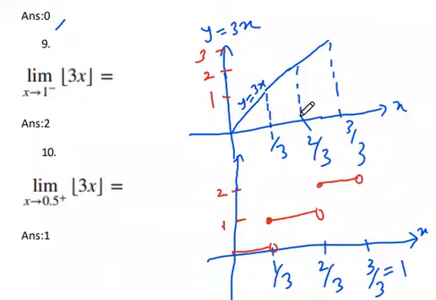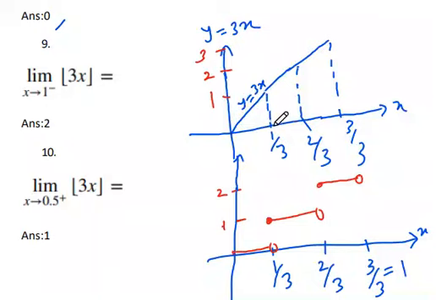I consider these 3 points: 1/3, 2/3, and 3/3, right? So we know that when x varies between 0 and 1/3, the functional value is between 0 and 1.